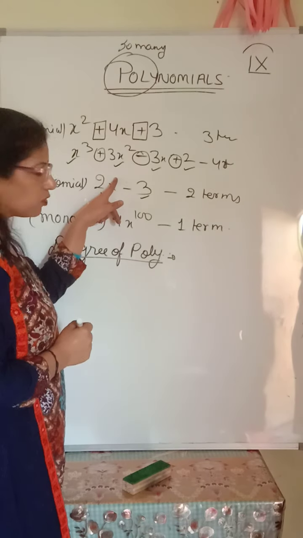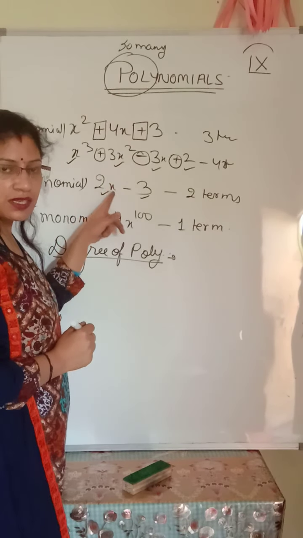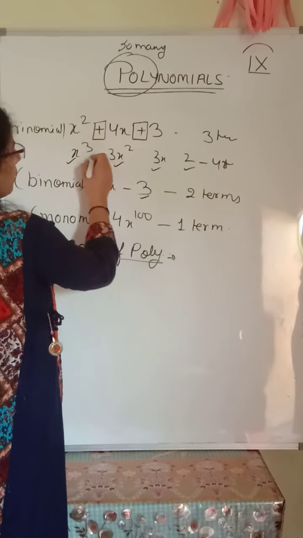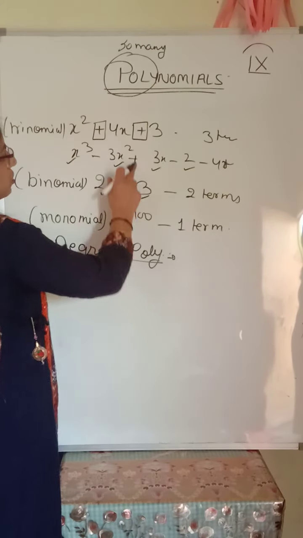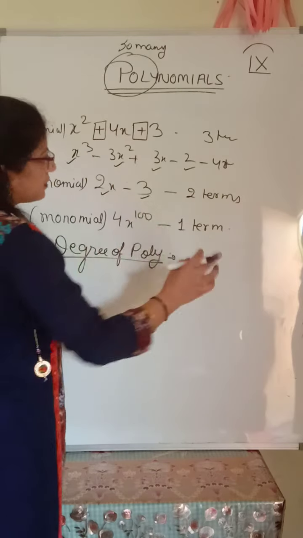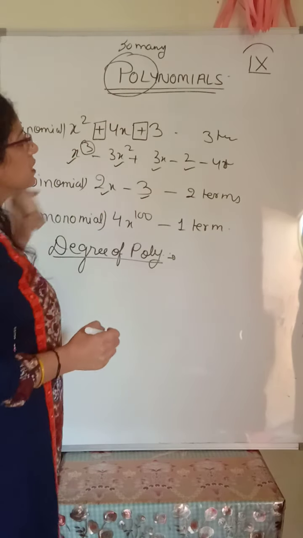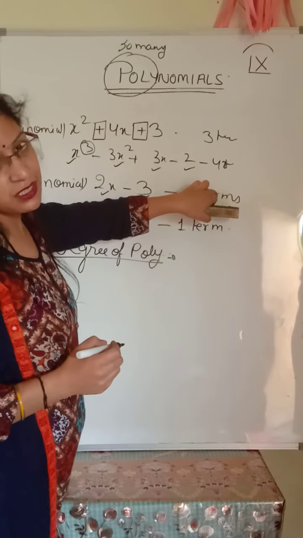Nothing, so the power of x is 1. So the degree of this polynomial is 1. In this polynomial, what is the highest power of x? Here is 1, here is 2, here is 3. So the highest power is 3, and the degree of this polynomial is 3.